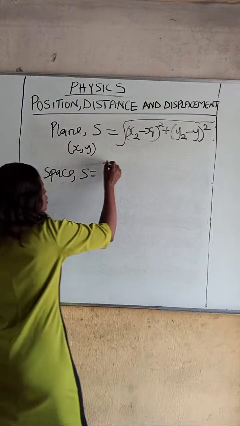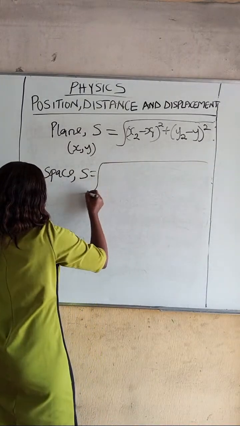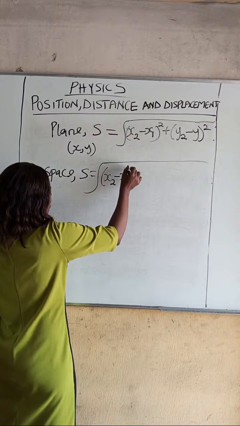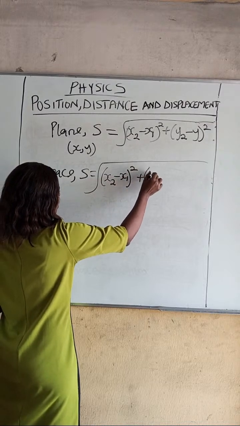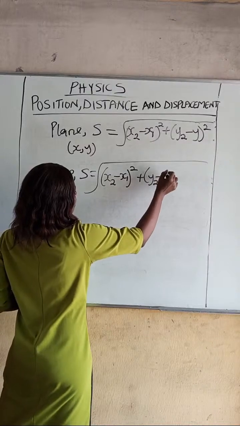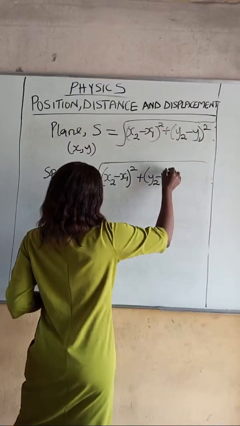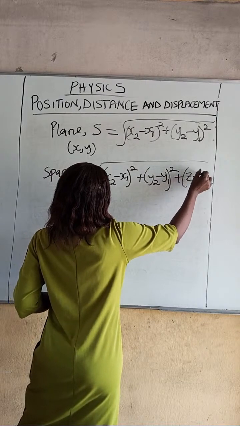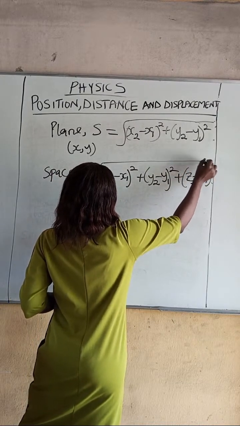Then for space, x is equal to the root of (x2 minus x1) all squared plus (y2 minus y1) all squared plus (z2 minus z1) all squared.